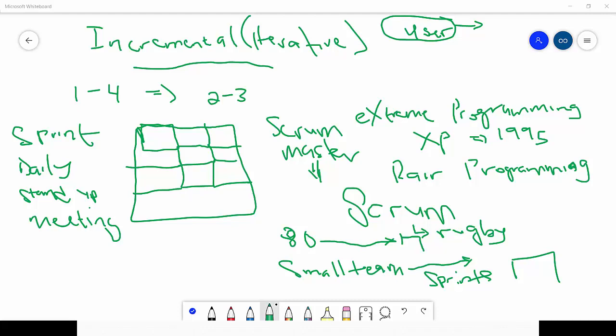So we made a case for the iterative model, and we talked about extreme programming as a poster child for traditional iterative models, and this gave rise to the agile methodology. And in the agile methodology, we saw how things progress speedily, right?